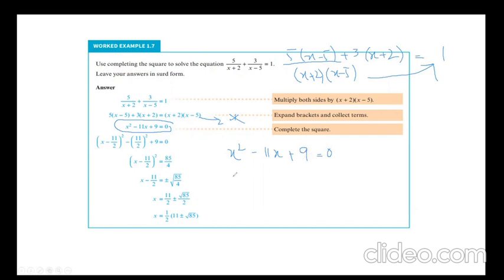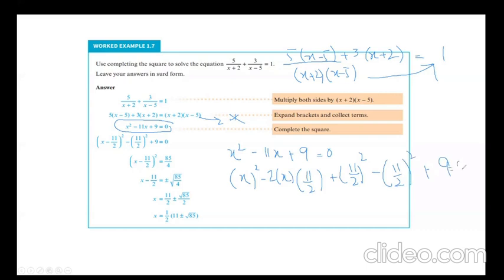Now that is a, this is a minus 2, the value of this is x, and then 11, so 11 by 2. Now how to multiply 11 by 2, that is my b square minus 11 by 2 whole square plus 9.